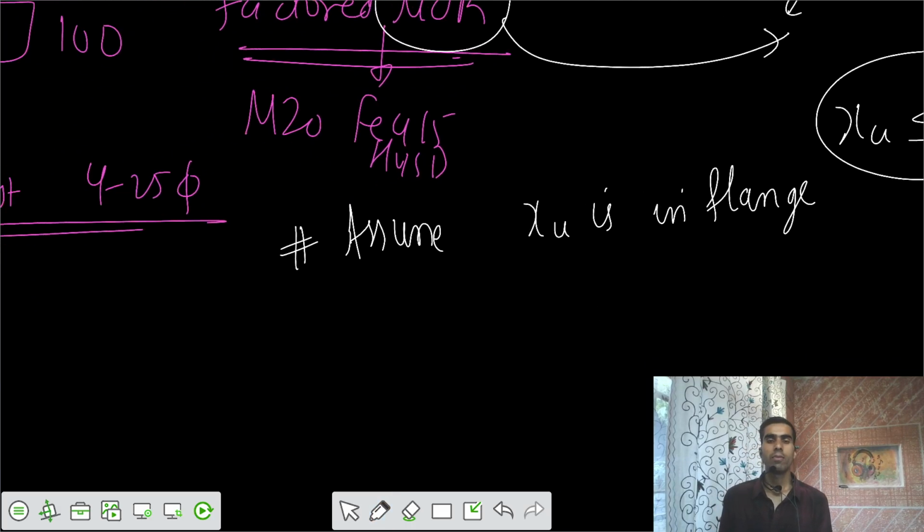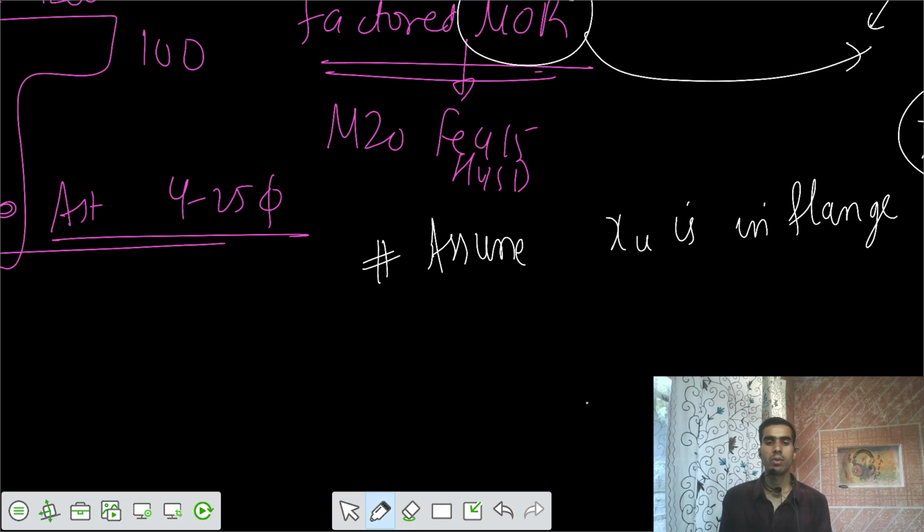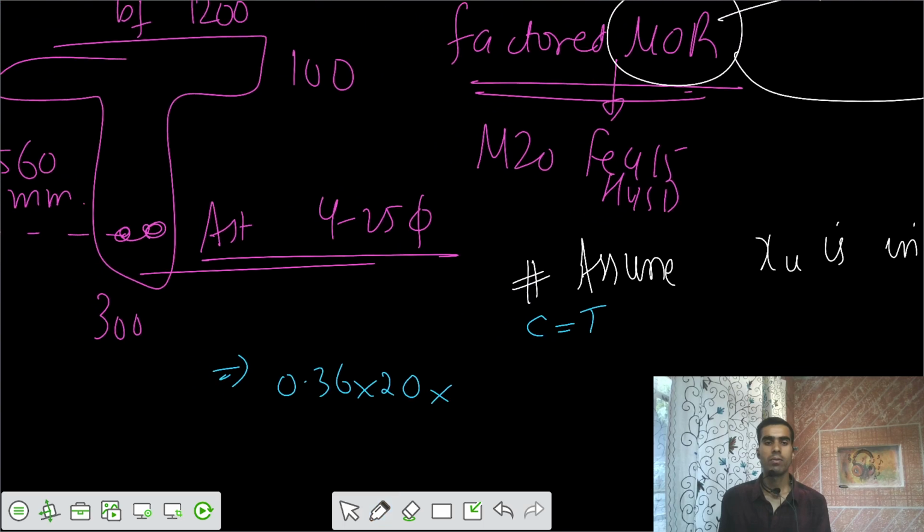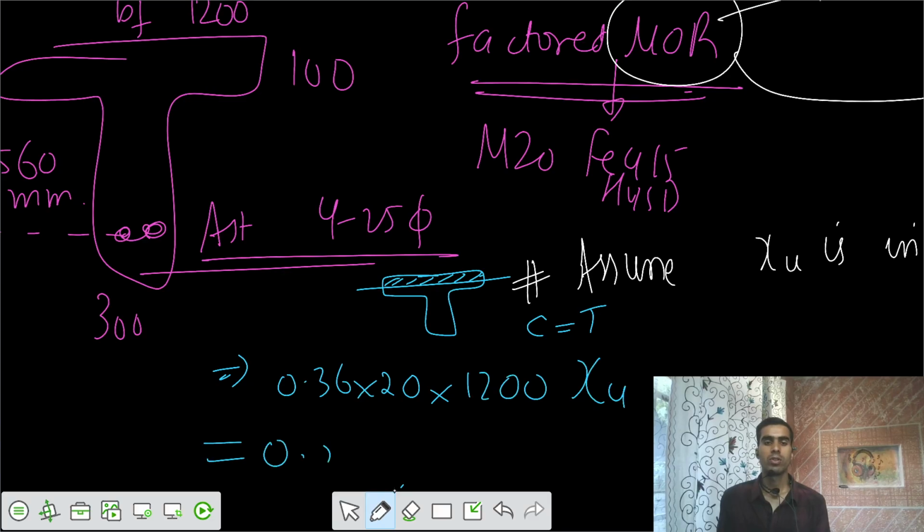From that, xu can be solved by C equals T. Total C force is 0.36 fck, bf, when I assume it's in the flange, that means b corresponding to bf, that is 1200, and there is xu. This should be equated to 0.87 fy Ast.